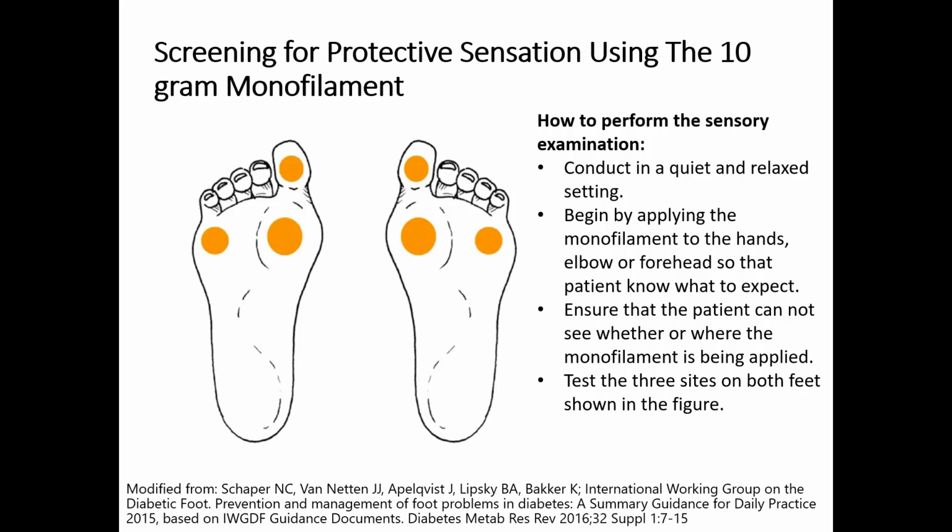So the figure shows here the three sites, but there are various other methods, like 5-point assessment and 8-point assessment. It all depends upon your practice and your daily experience, how you are picking the abnormalities.